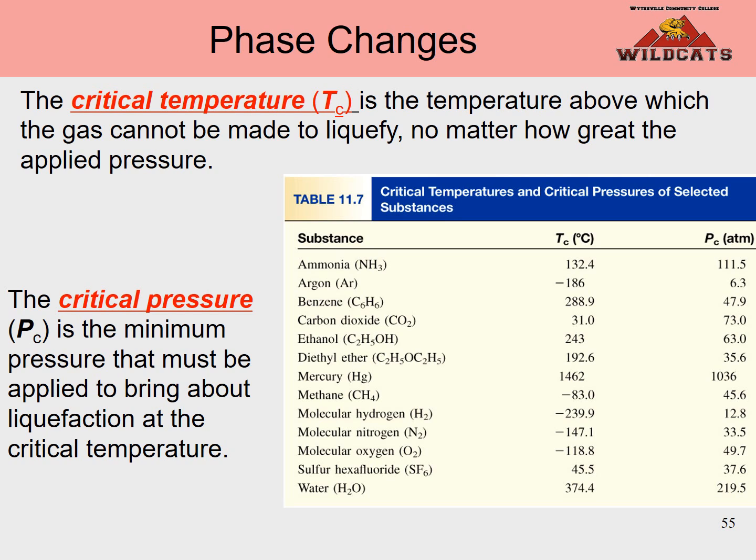In that research, they found they had to have the right temperature and the right pressure. They couldn't just keep adding pressure and have the gas turn into a liquid. So there's a minimum pressure and a critical temperature in order for liquefaction to take place, that is, turning a gas into a liquid.